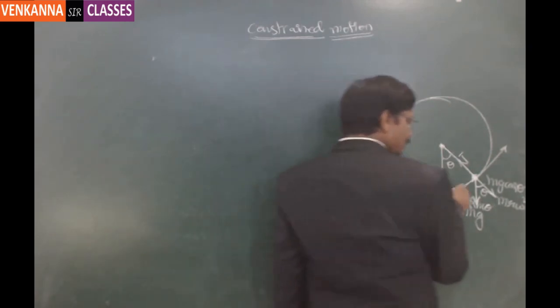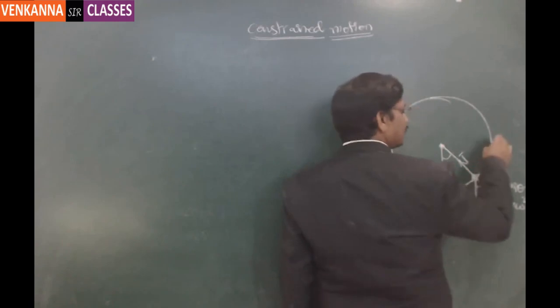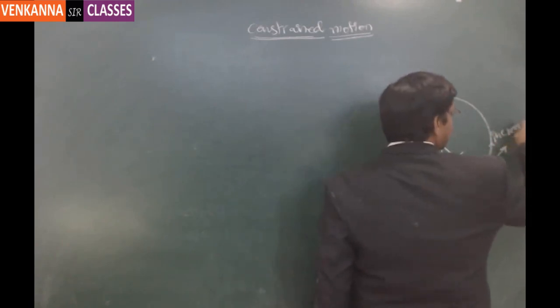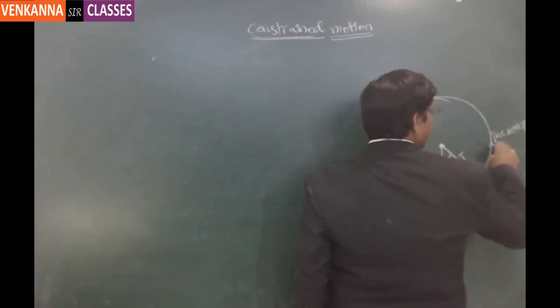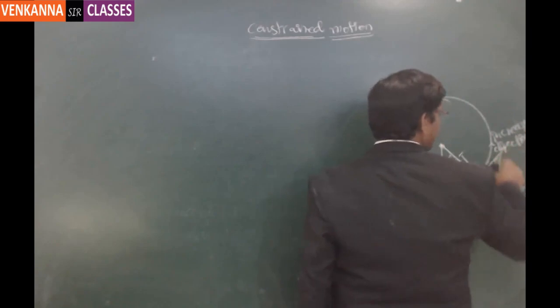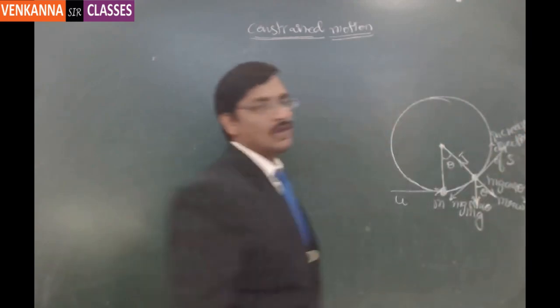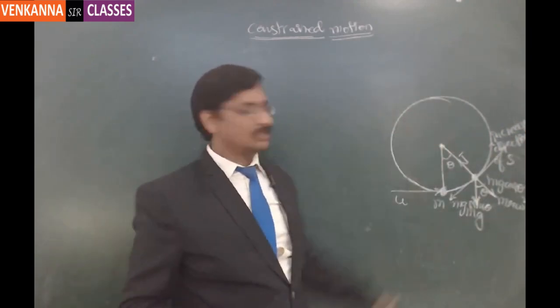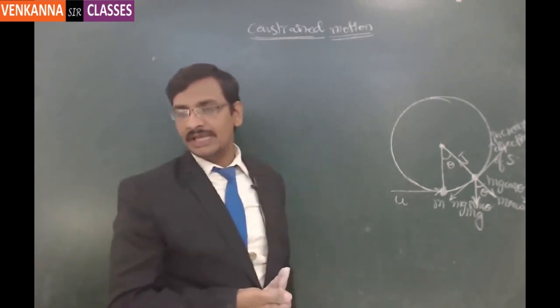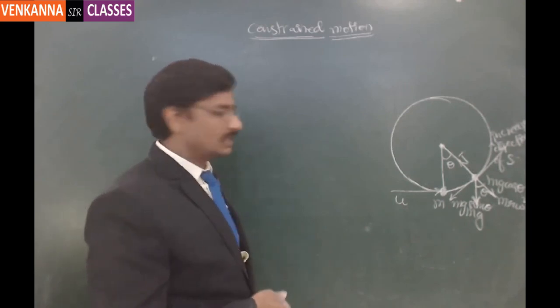Now this particle is moving in this direction. So this direction is called the increasing direction of S. The increasing direction of the arc length is treated as the positive direction. Then opposite to S, which is the decreasing direction of S, we have to treat as negative.